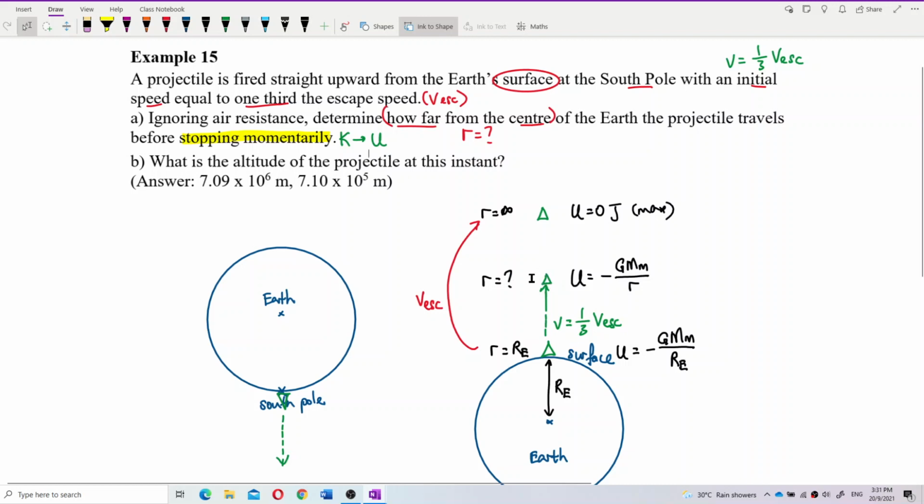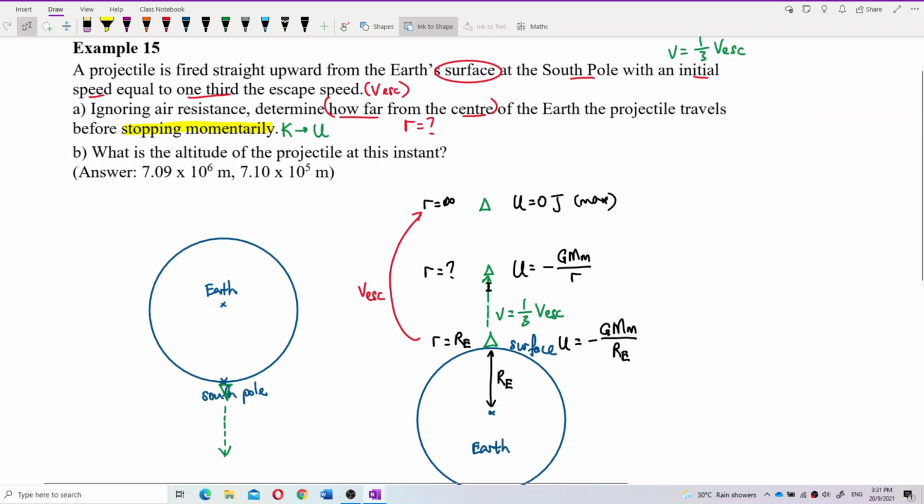I have already illustrated this to you. For the escape velocity, we go back to the concept. Escape velocity is the velocity at the surface. Let's say the projectile starts from the surface. At the surface, the distance of the projectile from the center of Earth is the radius of Earth.